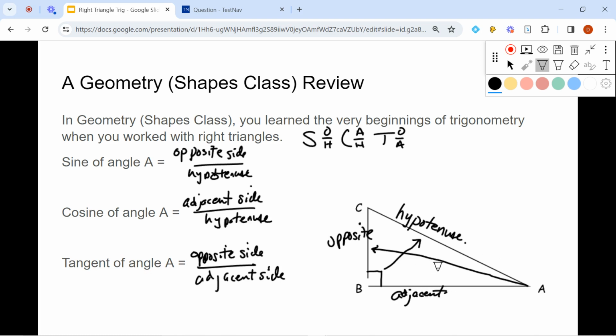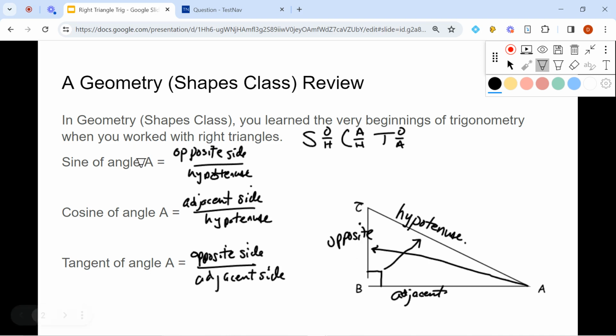Now, you do have to remember that if I change the angle here, for example, if I were to ask you the sine of angle C, well, from angle C, the one across from angle C is over here. So side BA is angle C's opposite side. And then angle C's adjacent side is this one, CB.